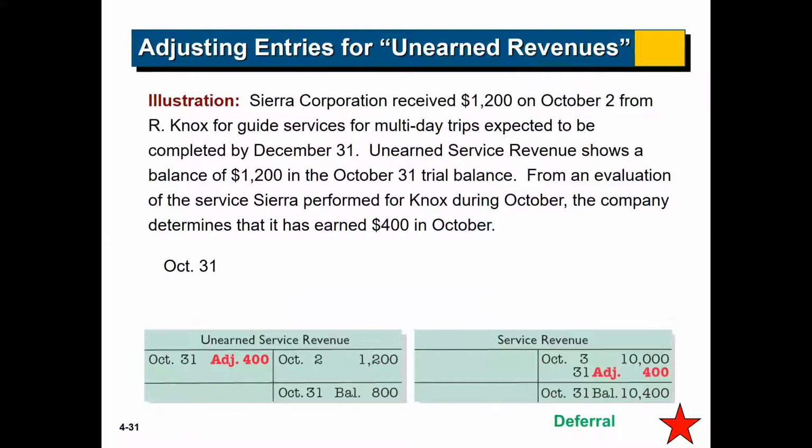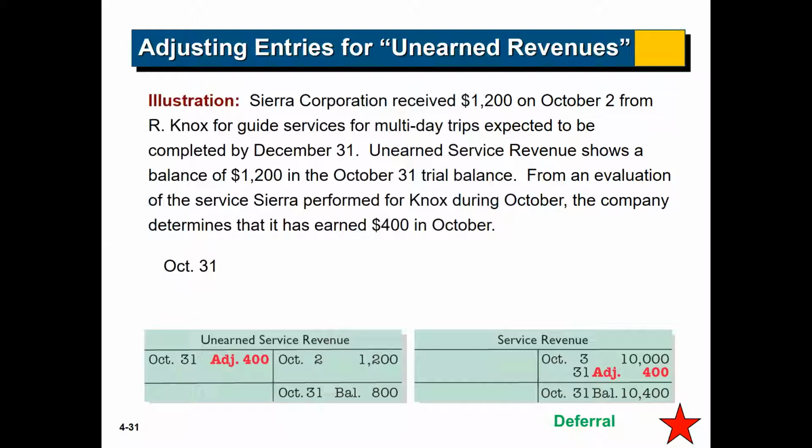Sierra Corporation received $1,200 on October 2nd from R. Knox for guide services for multi-day trips expected to be completed by December 31. Unearned service revenue shows a balance of $1,200 in the October 31 trial balance. From an evaluation of the service performed for Knox during October, the company determines that it has earned $400 in October.